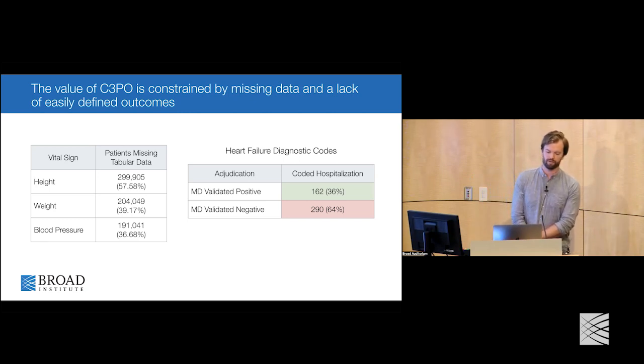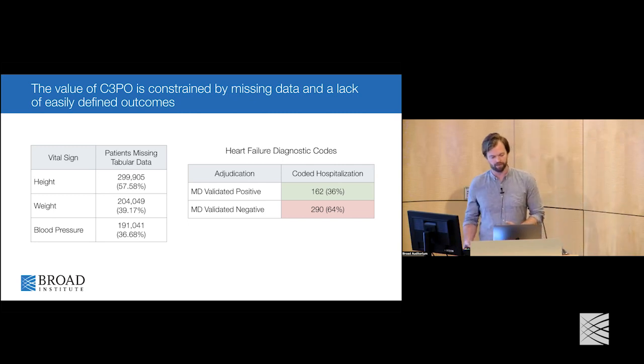The problem is, as Emily mentioned, these codes are not primarily designed for research purposes, but generally billing purposes, and so may be assigned to patients who, for example, have had a heart failure diagnosis in the past or are demonstrating signs of heart failure, but don't meet all the criteria for an actual heart failure diagnosis.